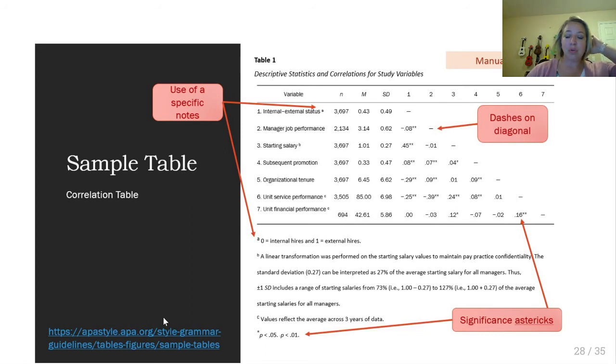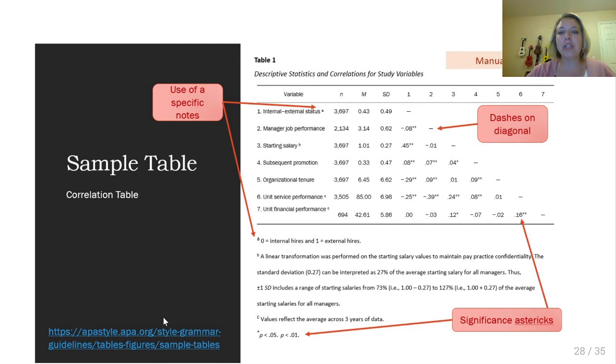A lot of times we want to put correlations between multiple variables in a document. Instead of writing sentences like that for each pair of variables, oftentimes we'll use this correlation matrix idea to display and present multiple correlations at the same time. This table is exactly reproduced from the APA 7th edition manual.